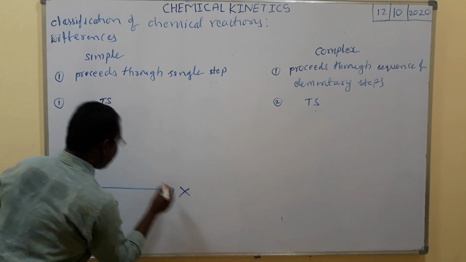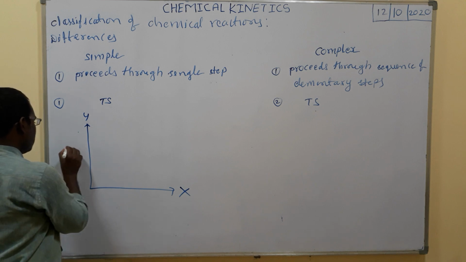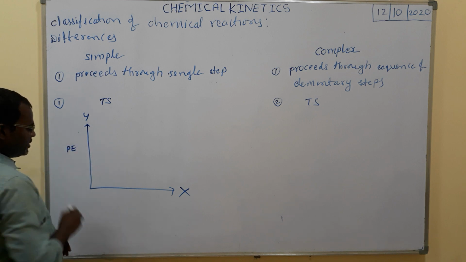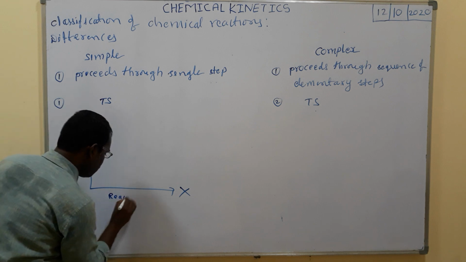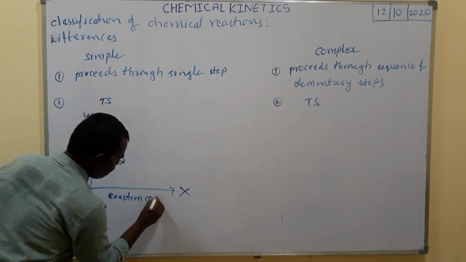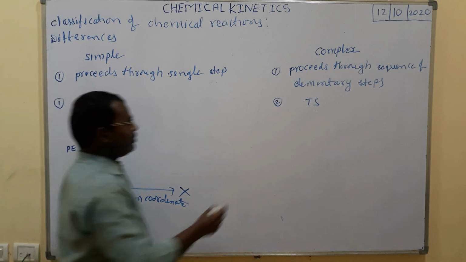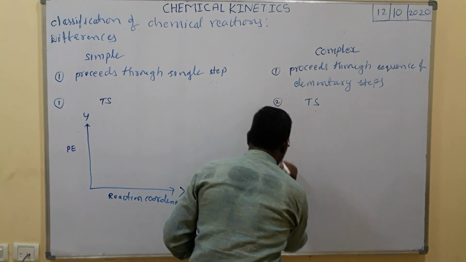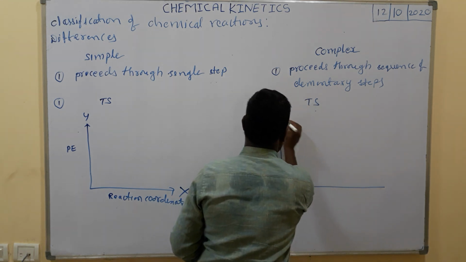We plot the graph between potential energy and reaction coordinate. On the y-axis we take the potential energy, whereas on the x-axis we take the reaction coordinate, or reaction progress. In both cases we are taking the energy profile diagrams.